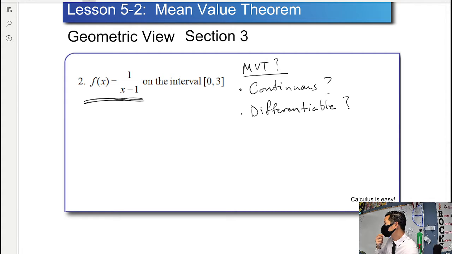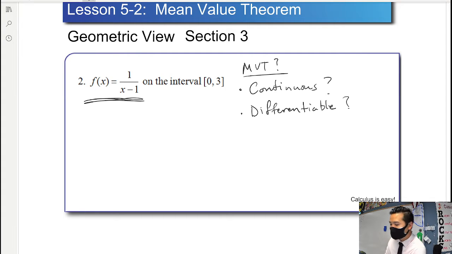And not only is it undefined there, if you think back to rational functions, when you have that undefined moment, what happens to the function at that point? Is there an open circle? No. Vertical asymptote. It is an infinite discontinuity. Now, on this particular problem, where does that vertical asymptote occur?